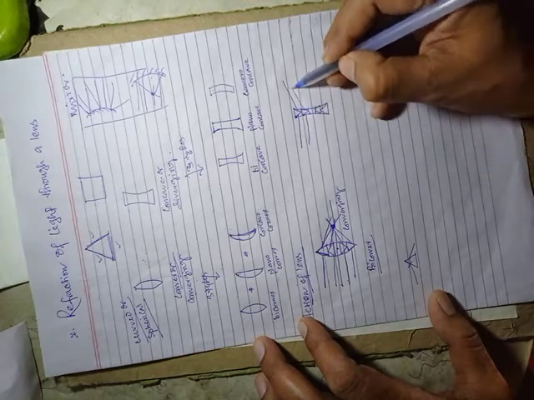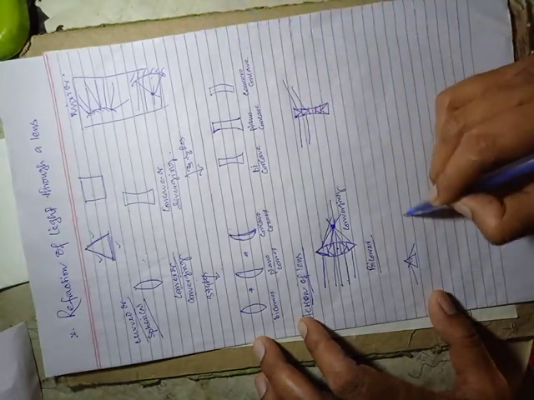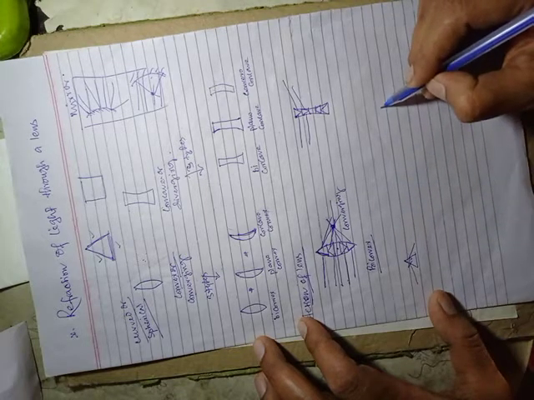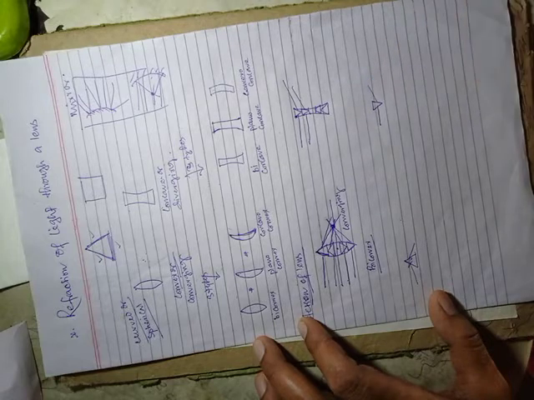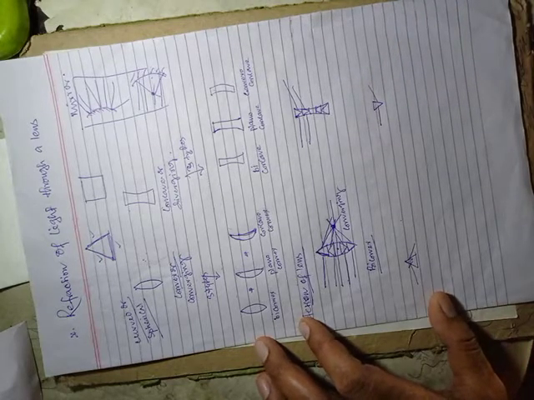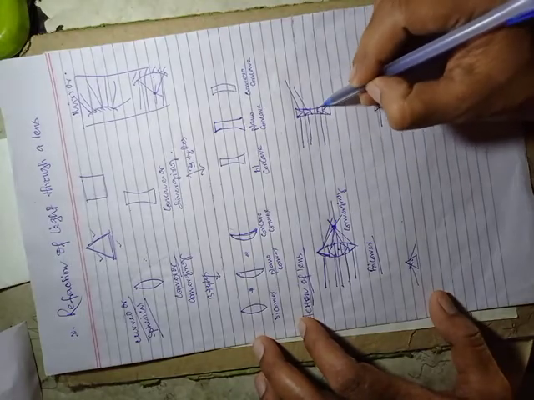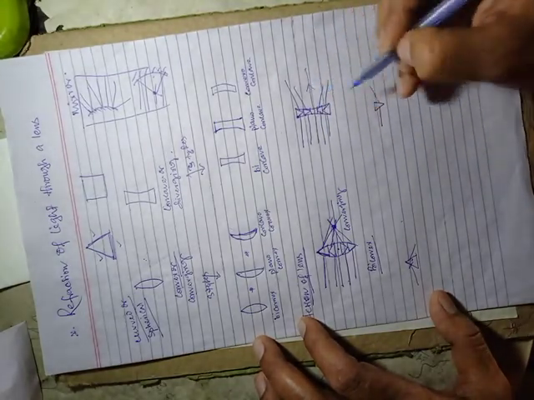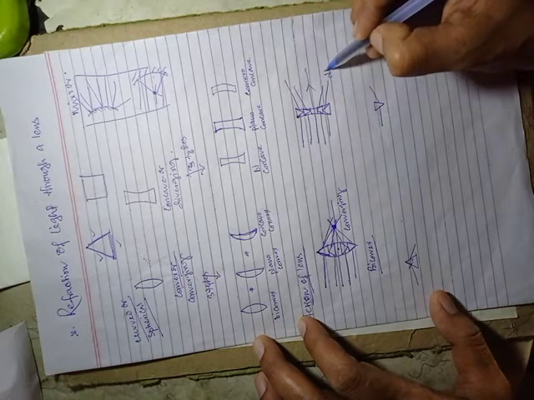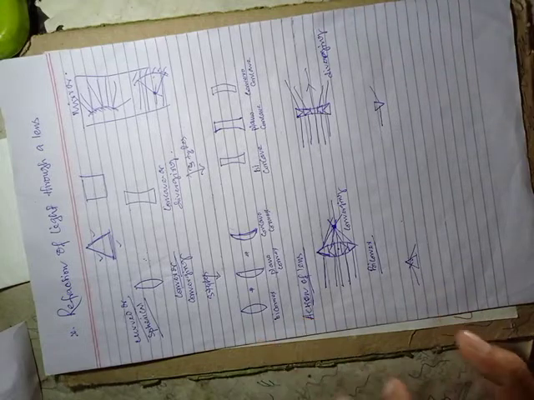Similarly here also, the opposite side prism is reversed, so the light ray bends to this side. Here also it will move this way, and here it passes through. So here you can see, this is diverging.